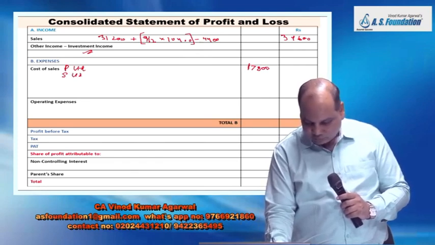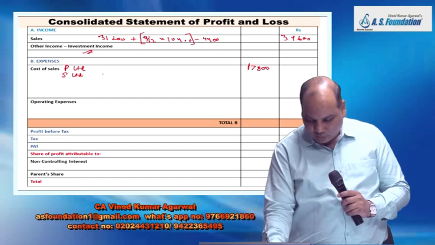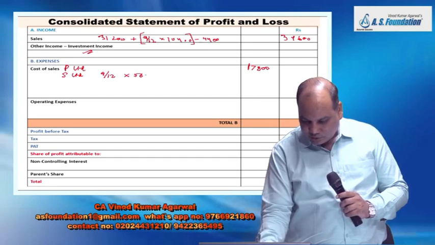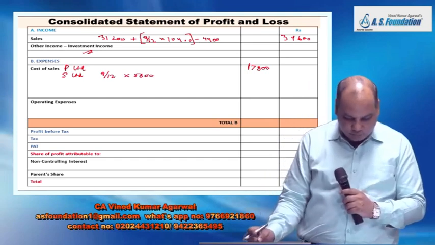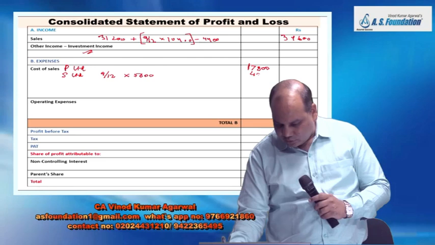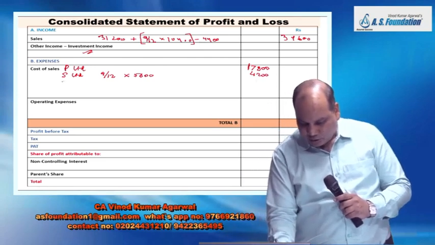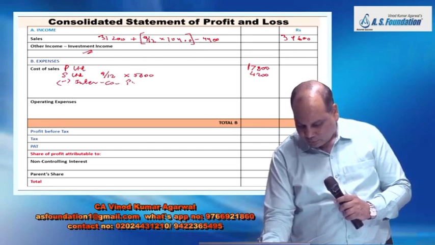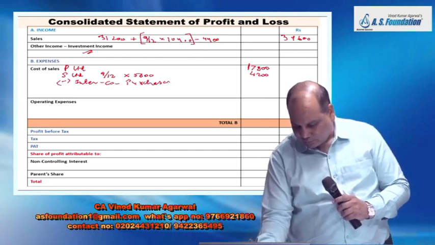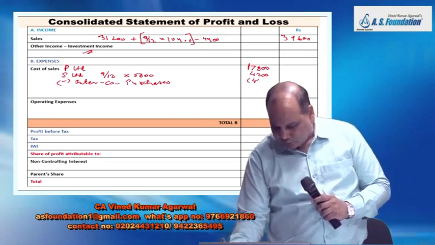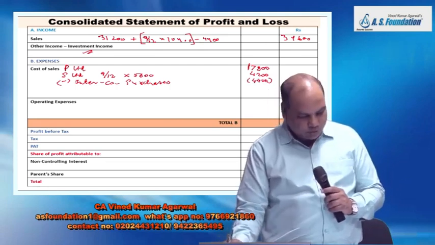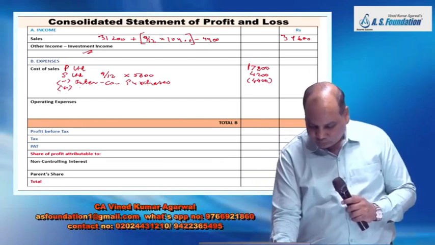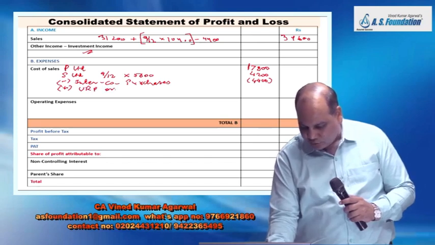S Limited, 9 by 12 into 5600, 4200, less intercompany purchases in bracket 4400, and then add unrealized profit on stock.